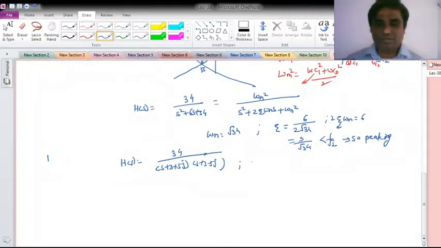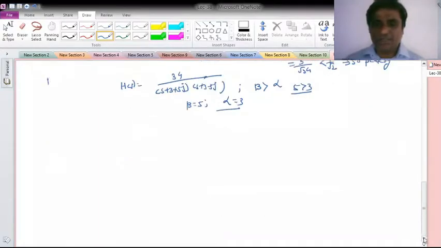Here I can also observe that the imaginary component of the pole is greater than the real component, obviously 5 greater than 3. So beta value is 5, alpha value is 3. With this, if I would like to construct the peaking circle, we can construct it, or if I would like to find omega m, omega m square is computed using beta square minus alpha square, which is 25 minus 9, which is 16.